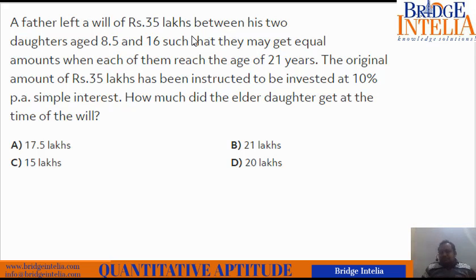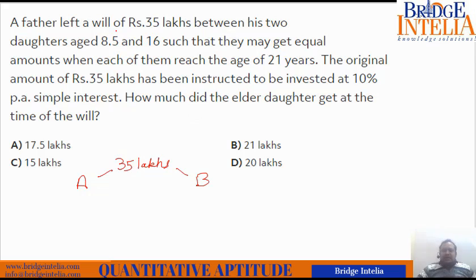So please understand the concept given in the question. A person had a total amount of 35 lakhs with him. He had two daughters. So let's name them A and B. A is the elder daughter, B is the younger daughter.